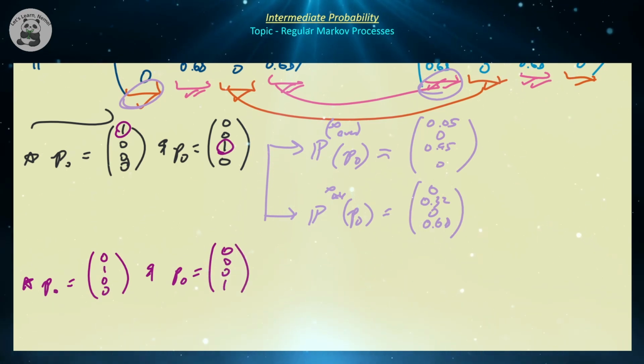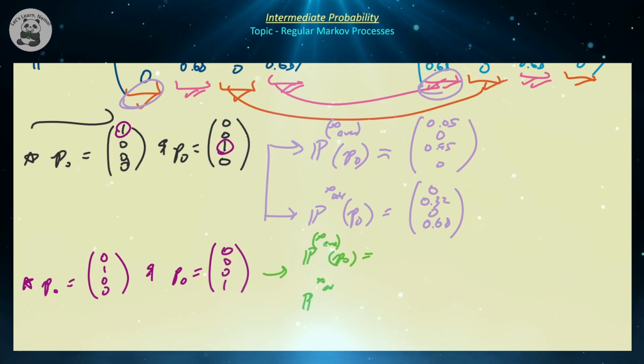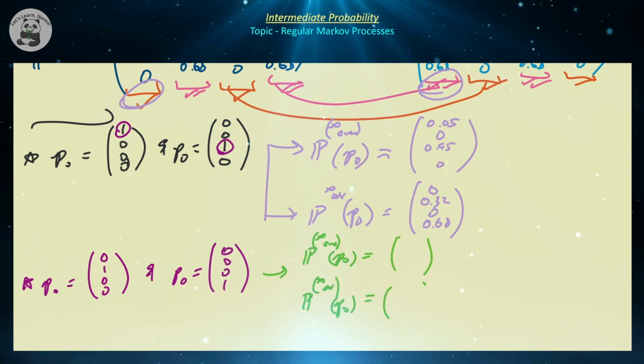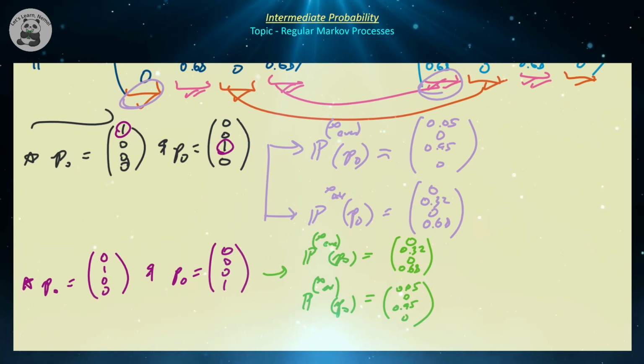Do you want to take a guess at what P infinity even of P0 will be equal to, and what P infinity odd of P0 will be equal to? So this first thing is going to be equal to 0, 0.32, 0, 0.68, and the other 0.05, 0, 0.95, and 0. That's very, very interesting.